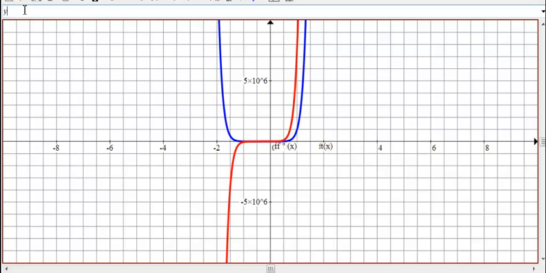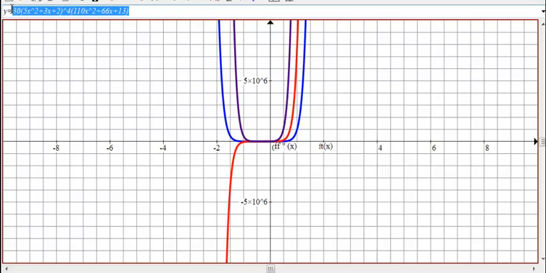And the second derivative was y equals 30 parentheses 5x squared plus 3x plus 2 to the power 4, and then times 110x squared plus 66x plus 13. And there's the second derivative.